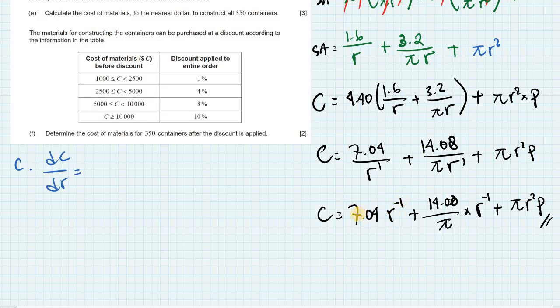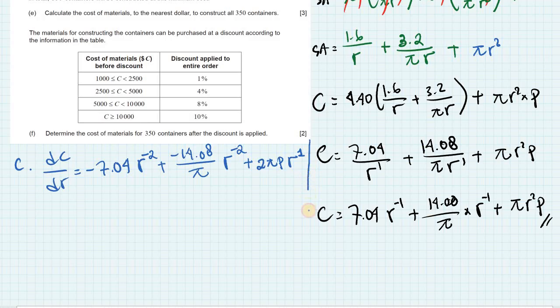Okay, then negative 1 times 7.04 will be negative 7.04 r to the power of negative 1 minus 1, negative 2, plus, again, 14.08 divided by pi times negative 1 will be negative 14.08 divided by pi r to the power of negative 1 minus 1, negative 2, and then plus, okay, look at the r squared, so pi times p times 2, so 2 pi p r to the power of 2 minus 1 is 1.